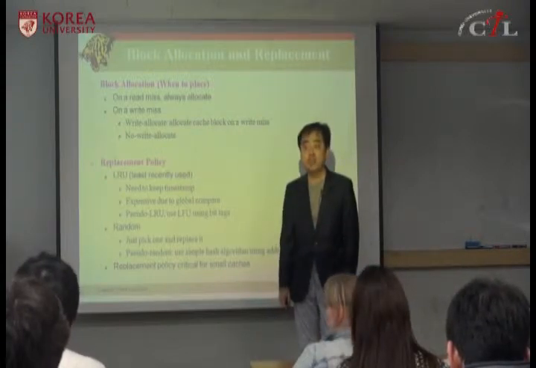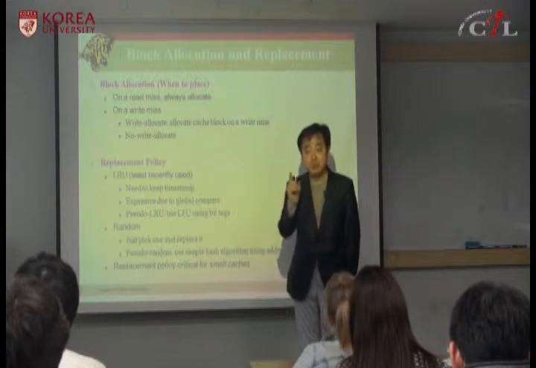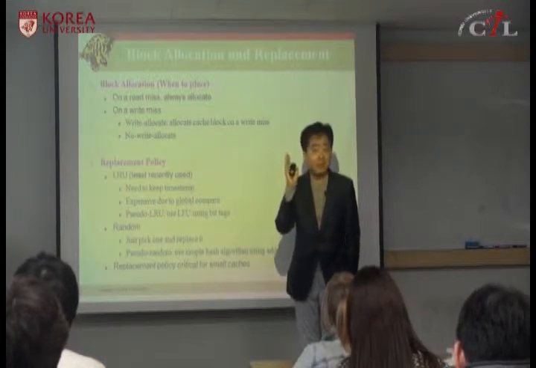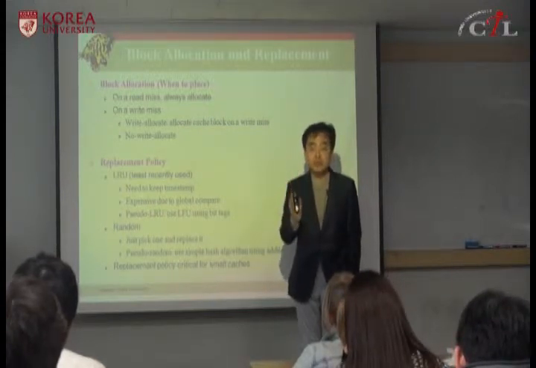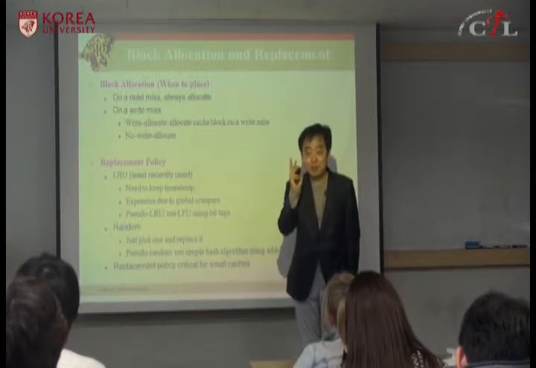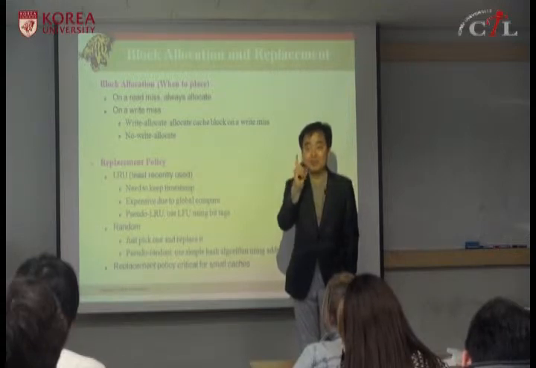For a fully associative cache, which we studied previously, you have to select one out of 2048. For a two-way set associative cache, you select one out of 2, so we just need one bit to determine which one.